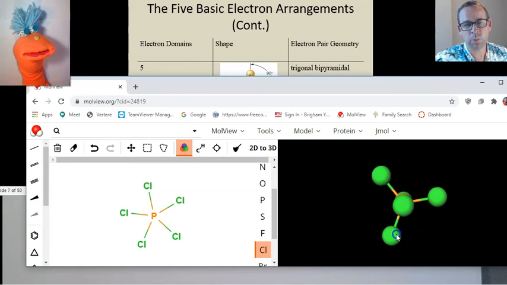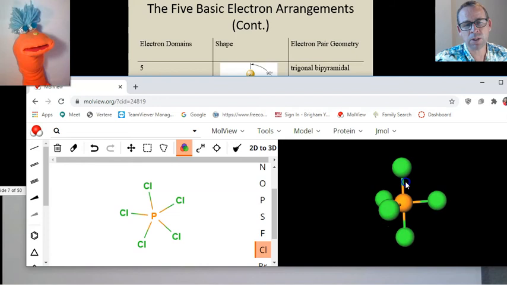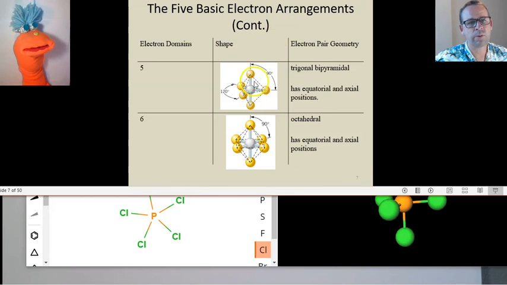If you move the one on the top and the bottom right in line like that, you see that the ones on the sides are 120 degrees from each other, and we call the ones on the top and the bottom axial. They are on the axis, if you were to think about this thing as a globe. And these three around the outside are called equatorial. So we have axial positions and equatorial positions when we bind 5 regions bonding to a central atom.